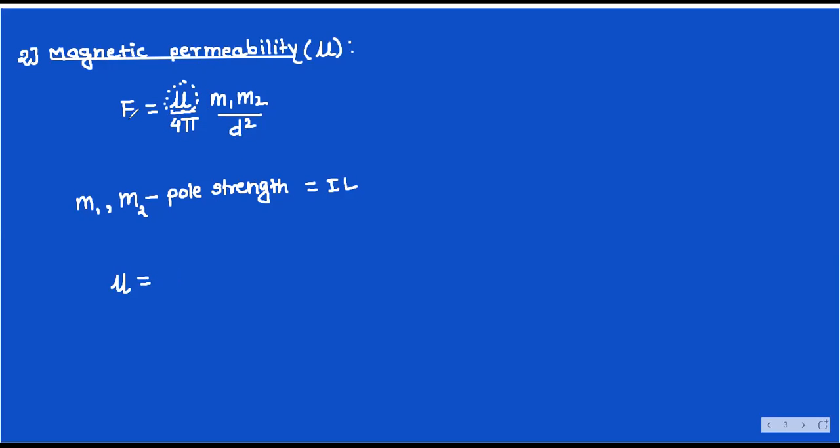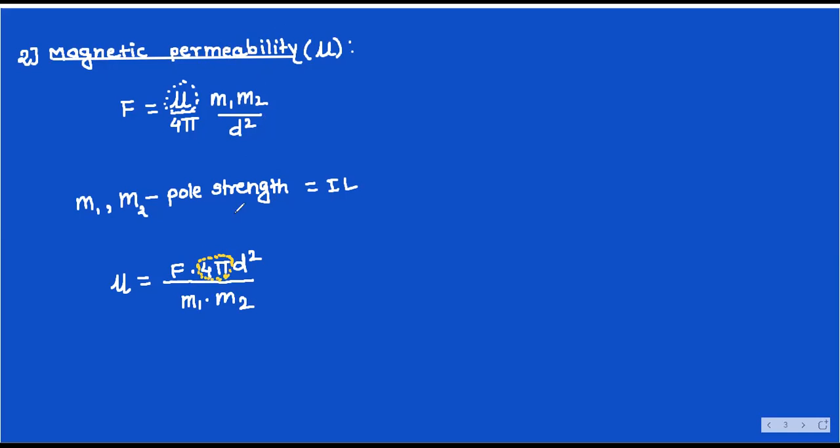So you get the formula for mu like this. Mu is equal to F into 4 pi d square, total divided by m1 into m2. Right. Now this 4 pi is constant, so it doesn't have any dimensions.